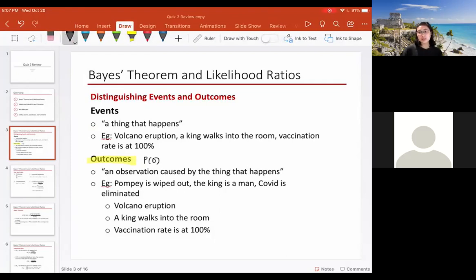It's easy to assess P(O given E), the probability of an outcome given an event, because an outcome is usually contingent upon the occurrence of an event. So this is why we use Bayes' theorem. This is why we use likelihood ratios. This is why we have the notion of conditional probability at all.